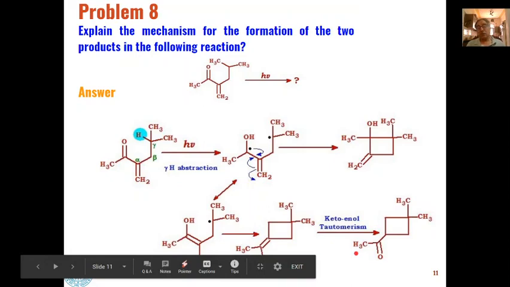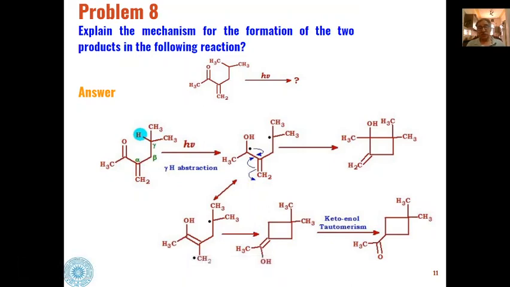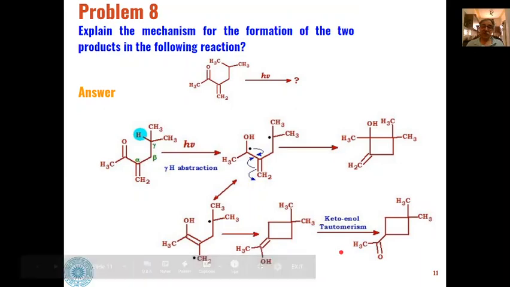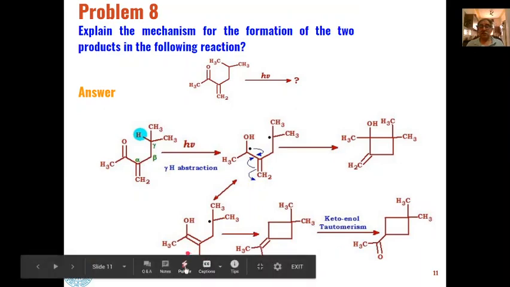One electron is present at this carbon having two methyl groups, and the other electron is present at the methylene group at the terminal position, and then this will form a carbon-carbon bond with the terminal carbon atom where the single electron is present, and we will get these types of enols as the intermediate products.